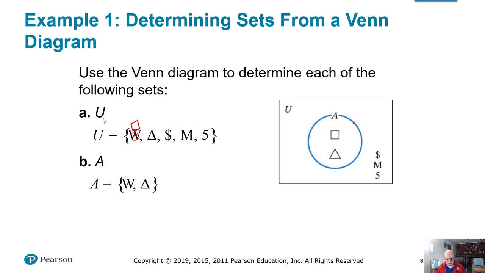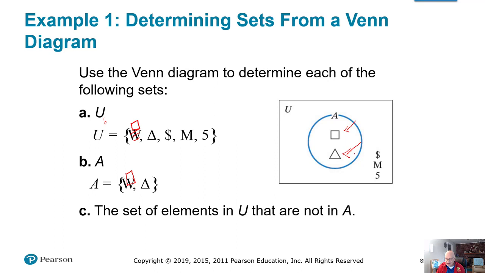As we should in this case, we've got 2 things inside set A, and we've got 3 things that are not inside set A.